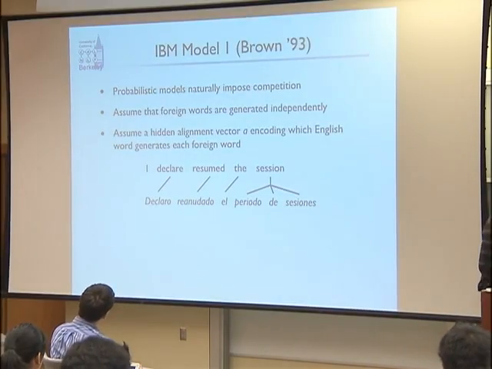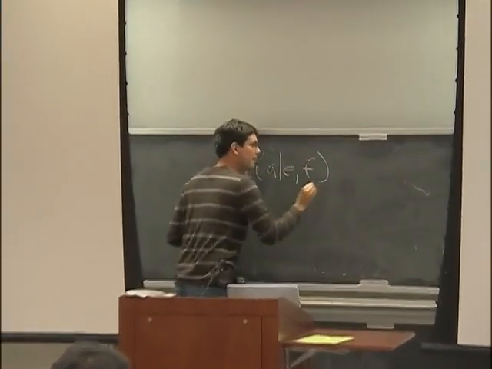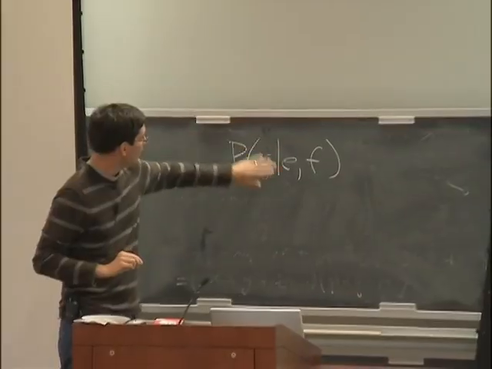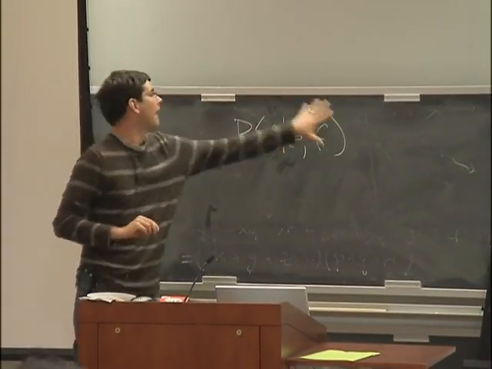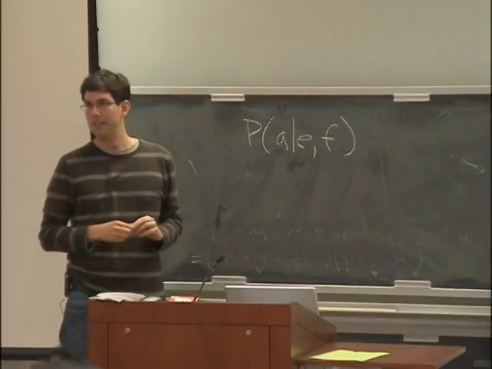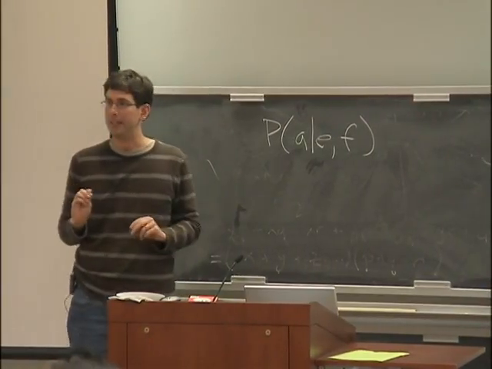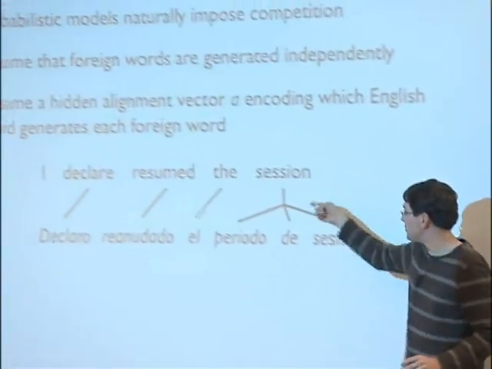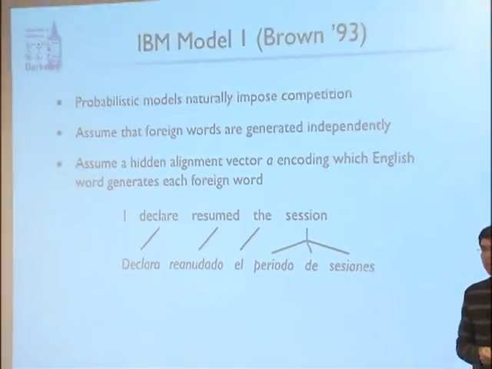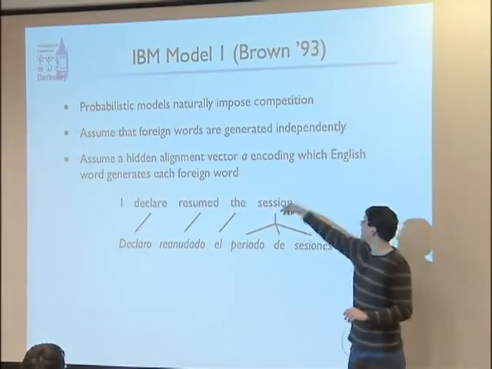I guess if you have a model that just looks like, what's my alignment given my English and my foreign sentence, then if somebody tells me what alignment I want, I can find a model that maximizes the conditional likelihood of that alignment. But that's more of a discriminative technique. You need someone to annotate your data. If all you have is unlabeled data, and this is truly a hidden variable that we don't know anything about, then we're going to need to, for instance, explain the likelihood of the data that we're generating.